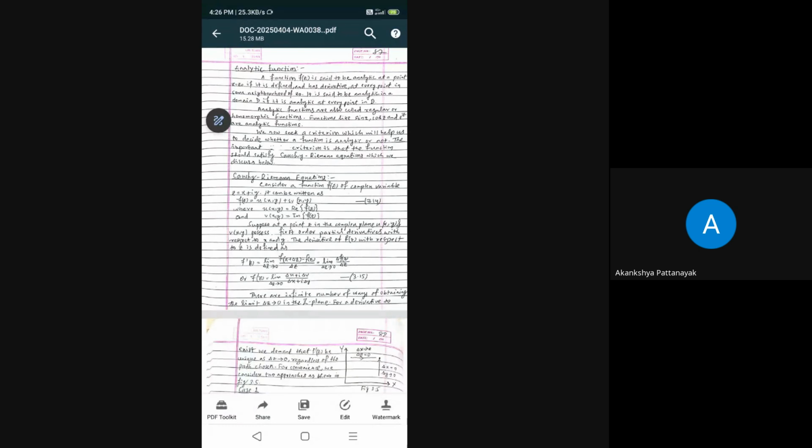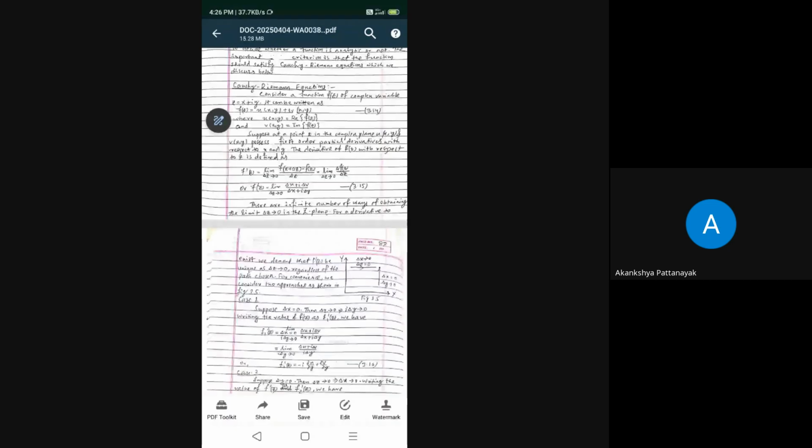That technique is called the Cauchy-Riemann equation. So let us discuss the Cauchy-Riemann equation.